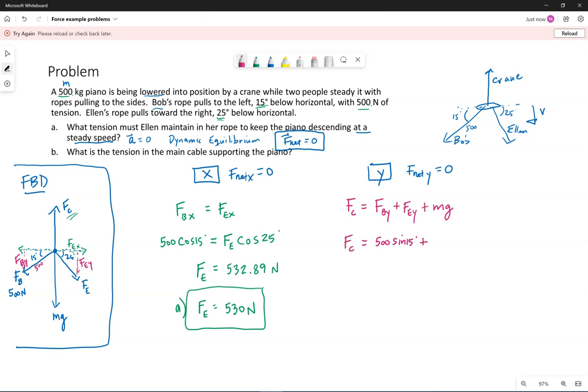Ellen's force over here, we've now calculated her force, 532.89, that represents the hypotenuse, the actual total pull. We need specifically the y component because we're balancing the forces in the y direction, so we need to multiply that by sine 25.